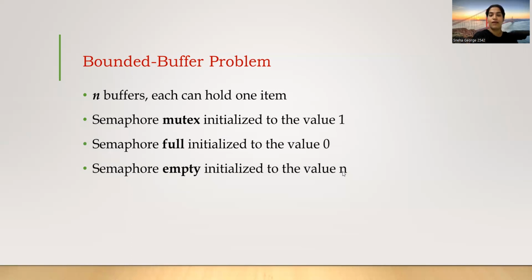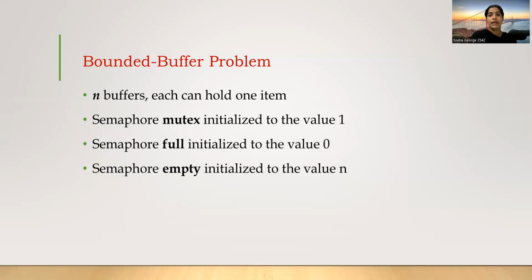The n value can be any value of your choice. Because we said there are n buffers and each can hold one item, we come across these three semaphores: mutex, full and empty. Out of these, mutex is a binary semaphore and full and empty are counting semaphores.